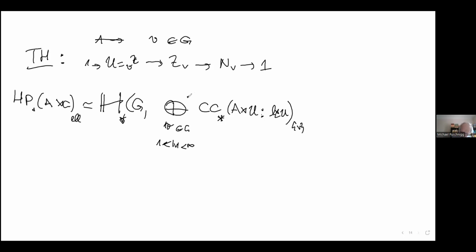I complete it with respect to the Hodge filtration on all of these, and that's it. Now, I reduce the calculation of the periodic cyclic homology of this cross product, at least for the elliptic part, to the homology of G with coefficients in the cyclic complexes calculating the cross product with respect to these finite cyclic groups. And this gives a nice closed formula.